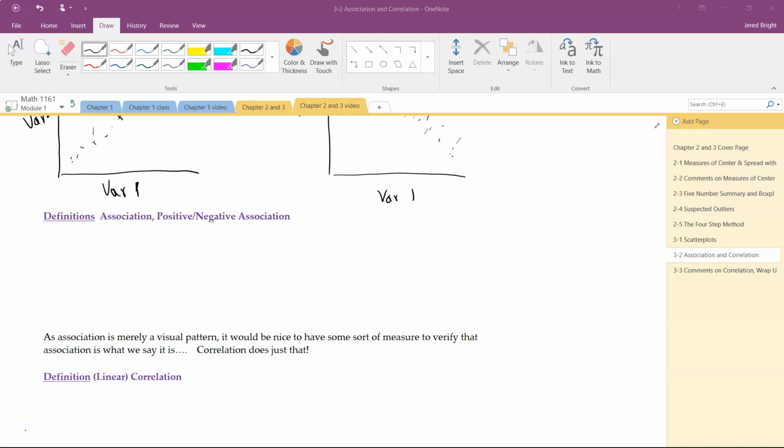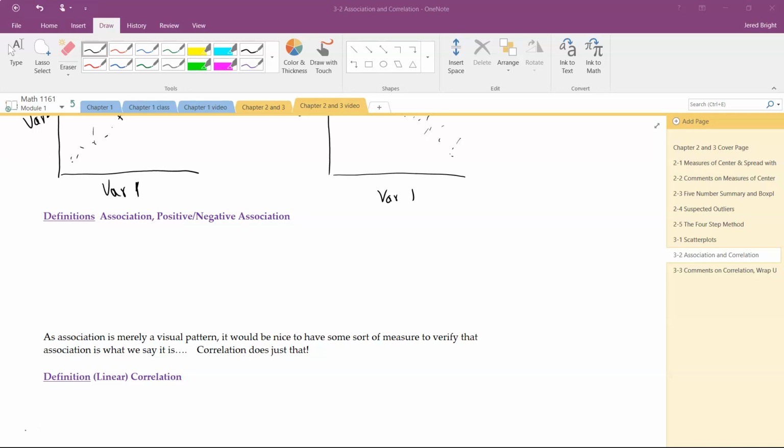More specifically, it can measure the direction and strength of a linear relationship between two quantitative variables. And I have to stress that what we're going to see in this course is linear correlation, so how well it fits a line. So again, correlation can describe the direction and strength of the relationship, specifically the linear relationship.